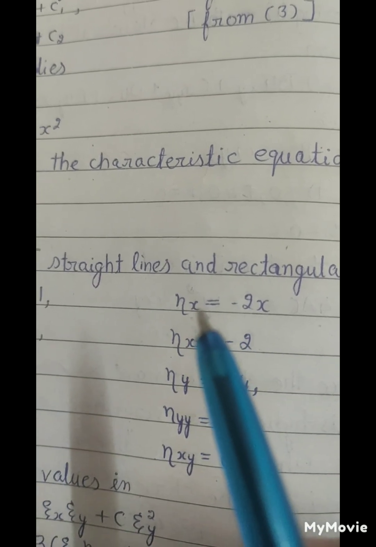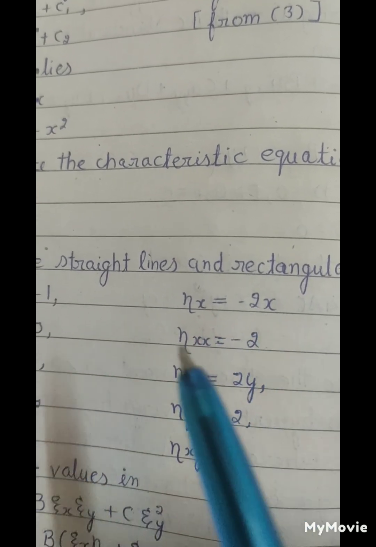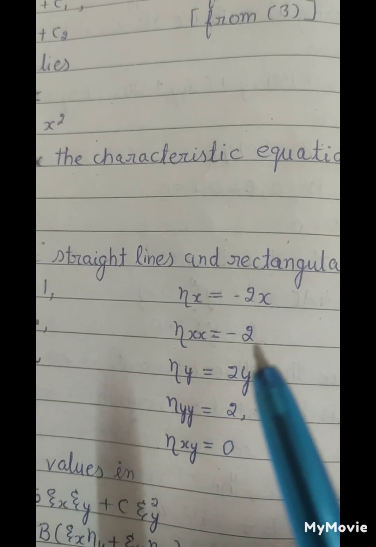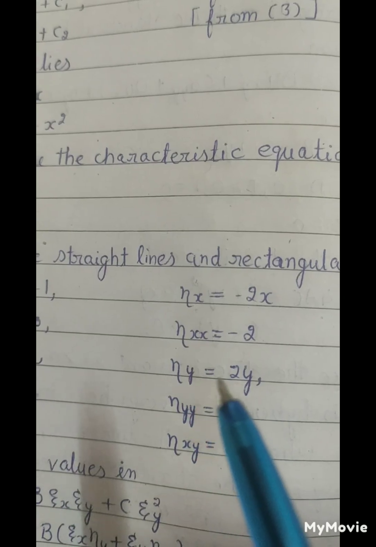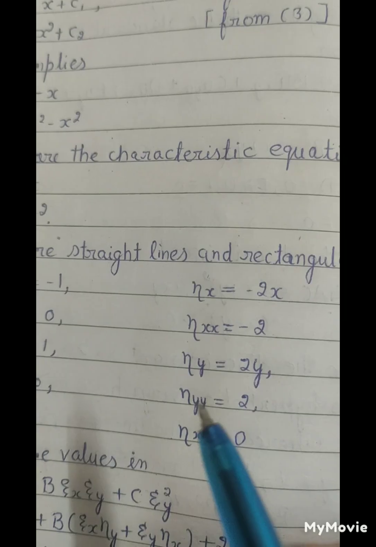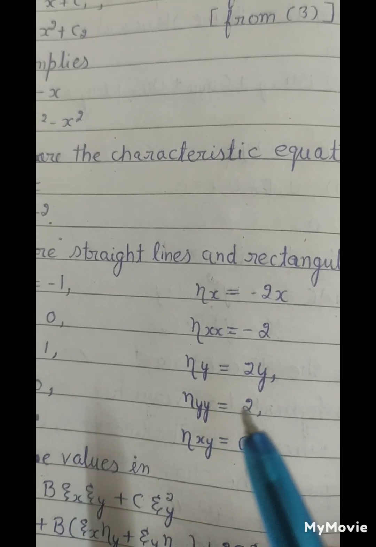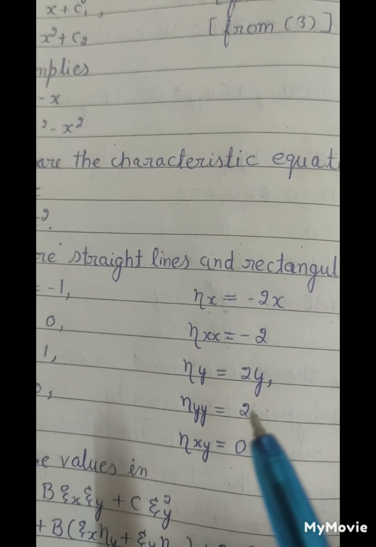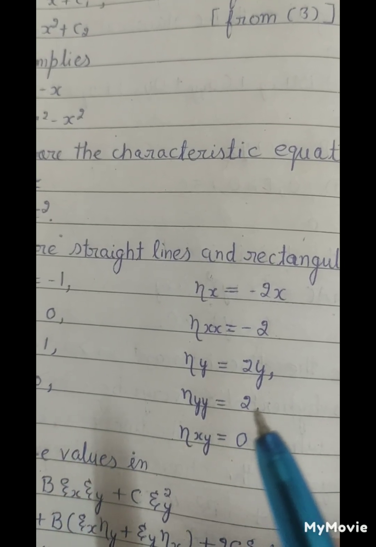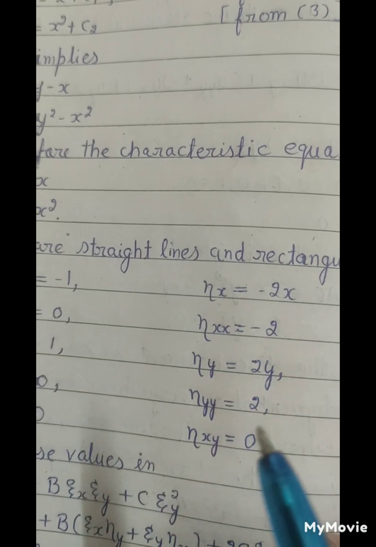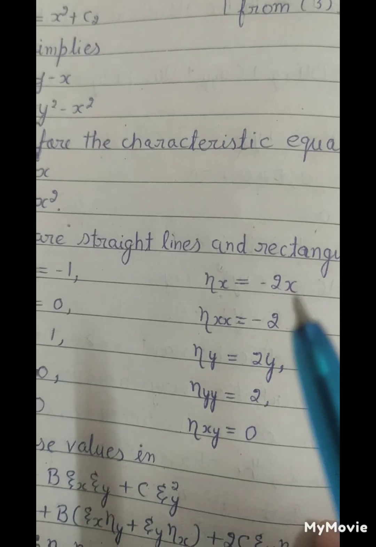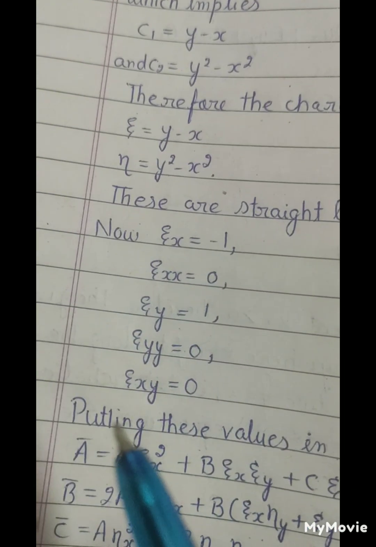Similarly eta x equals minus 2x, again differentiating, eta xx equals minus 2, and eta y equals 2y. Similarly eta yy, differentiation of eta y with respect to y, equals 2, and eta xy is eta x differentiated with respect to y, where no y-containing term is there, so equals 0.